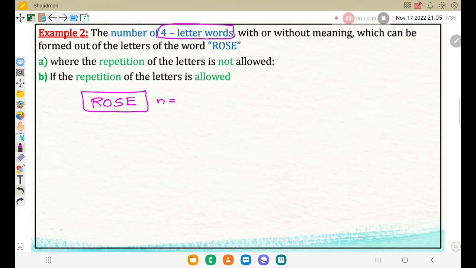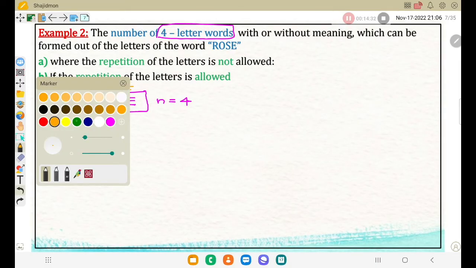We have 4 letters, n equal to 4. And you can see all the letters are distinct: R coming only one time, O only one time, S only one time, E also only one time. So this kind of word we call distinct, each letter coming only one time.